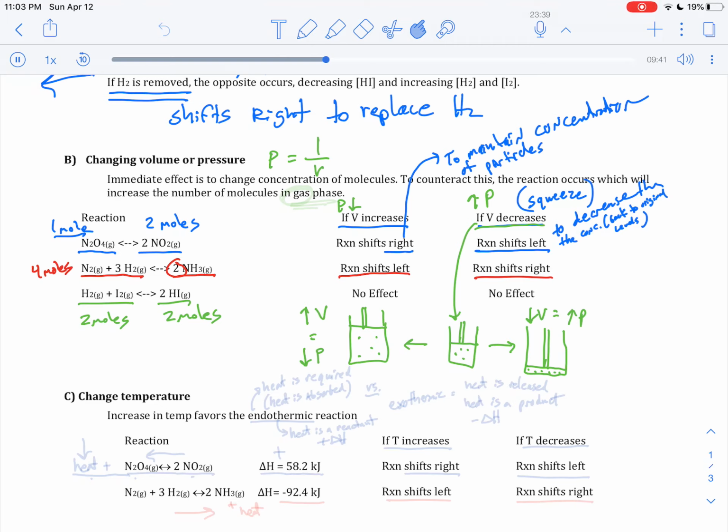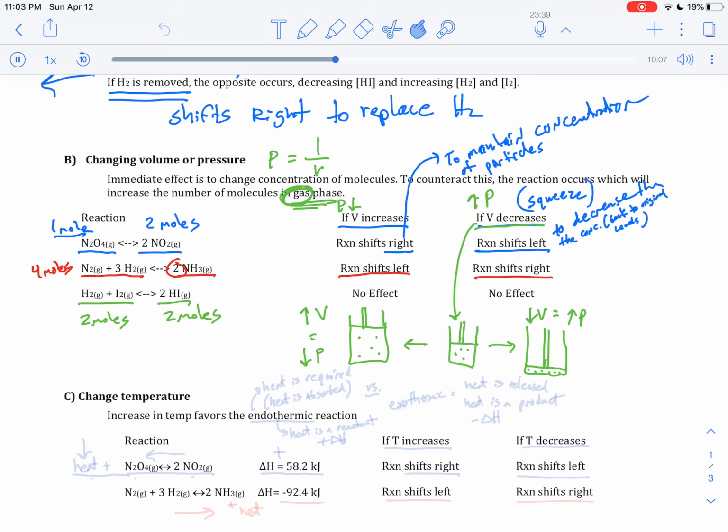So how you answer these questions is relative to what's happening. Just remember the volume and pressure are opposites. Now, this only affects equilibrium in the gas phase. If the equilibrium system does not involve gases, then changing volume and pressure has no effect. So you have to pay attention to the states in the reaction.